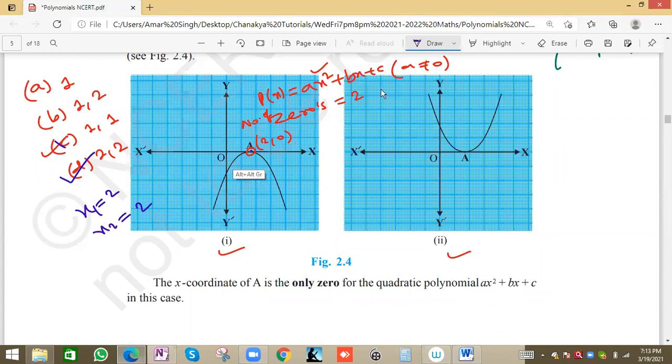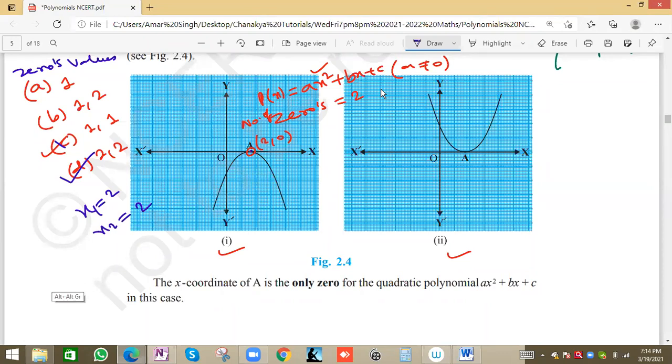It is having only one zero, meaning 2 zeros, but both are the same. So from the graph we can see 2 zeros will be there, but both are the same. So we can say equal.